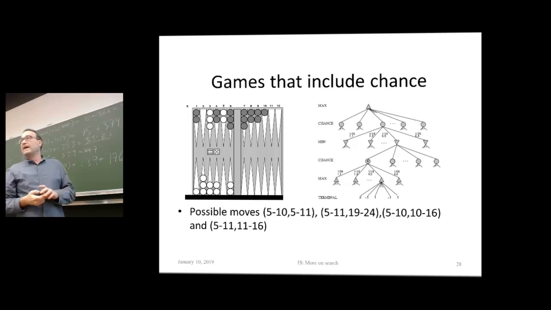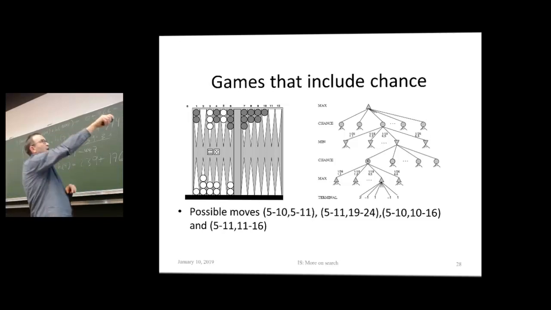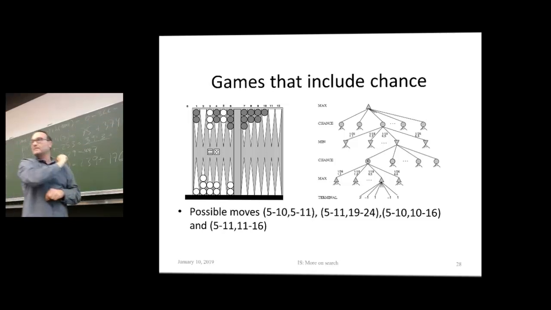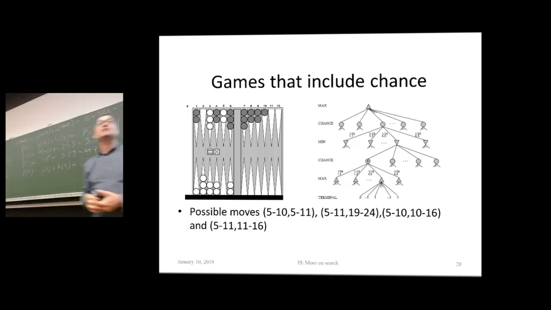Or probably I explained it the wrong way around. In this situation white moves in this direction, so it has already quite some stones in her own field, and black has to move the other direction. The example shows that you throw a dice, and every move you throw 2 dice, and then you can move according to the number of the dice to a new position.